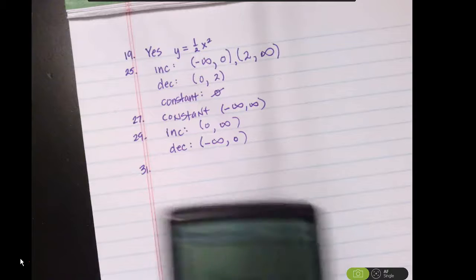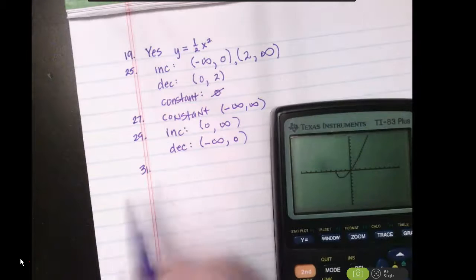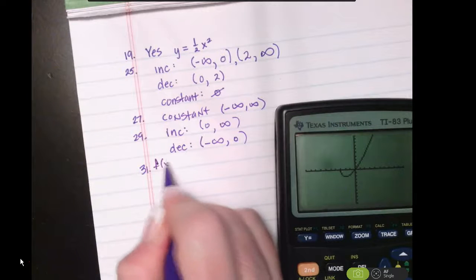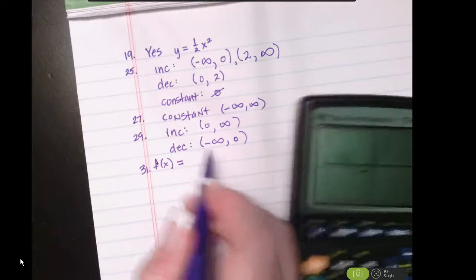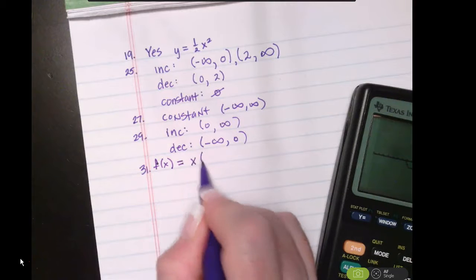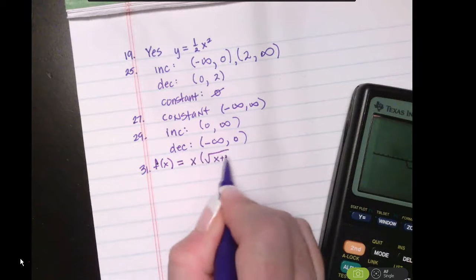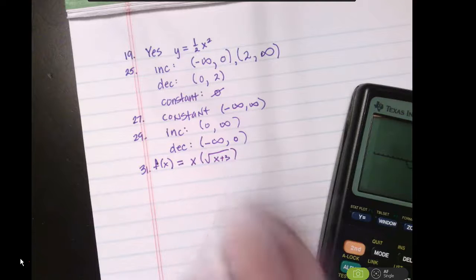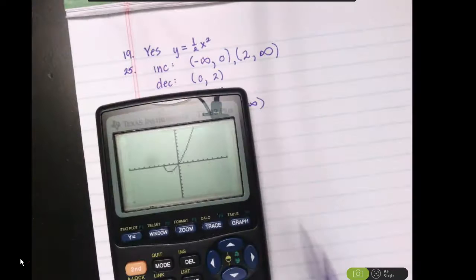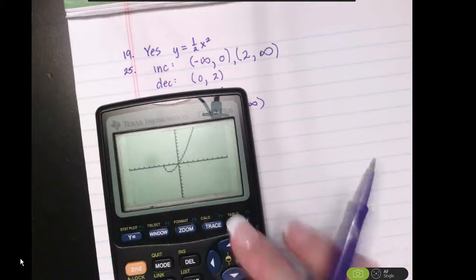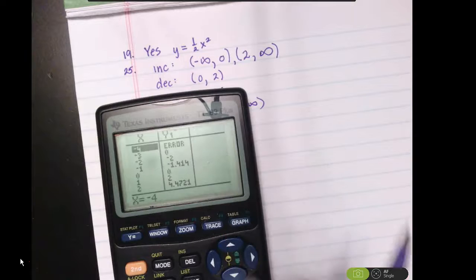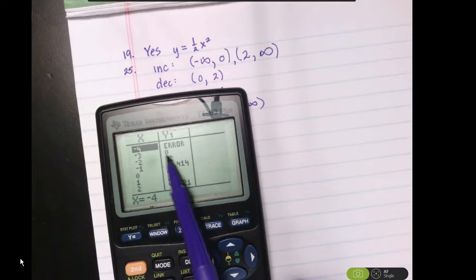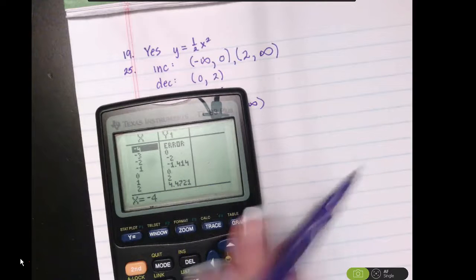So let's see. Algebraically, that function was x times the square root of x plus 3. So where do you think that things turn around? Well, I see we came down to negative 2, and then we actually started going back up again between negative 2 and negative 1.